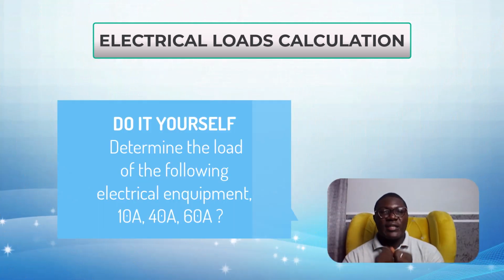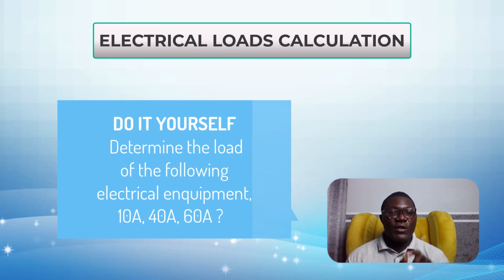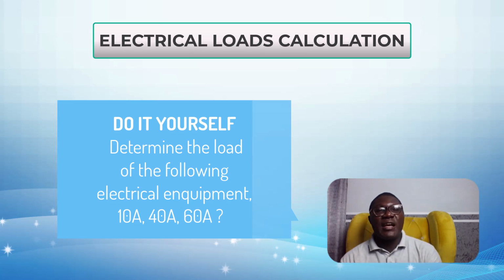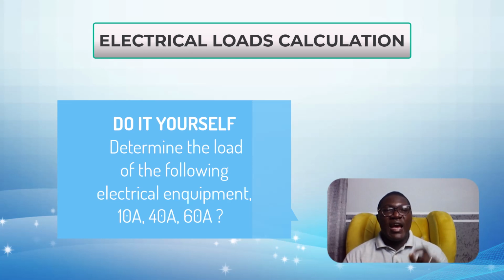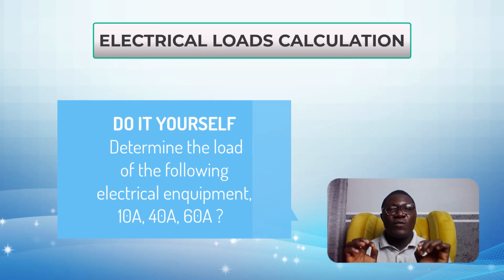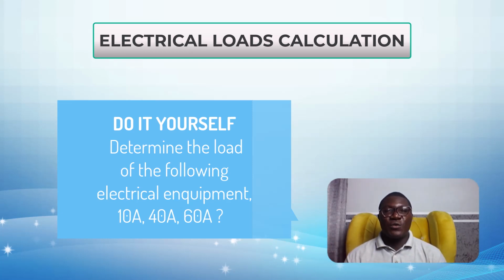I want you to try this yourself at home. Determine the load of the following electrical equipment: 10 amps, 40 amps, and 60 amps. I want you to determine the load using the equivalent of 230 volts as your voltage.